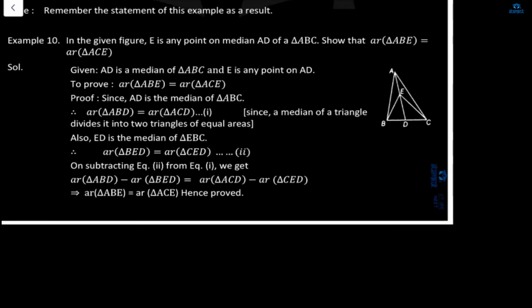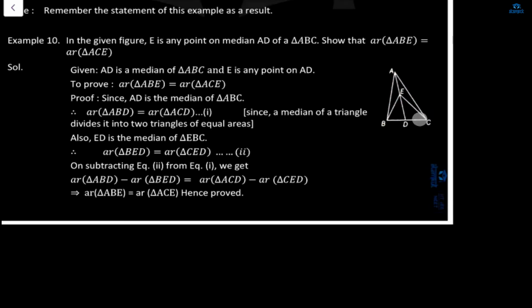Now, in the given figure, E is any point on median AD of a triangle ABC. Show that area of triangle ABE is equal to area of triangle ACE. We have to show that this triangle's area is equal to this triangle's area. Now how are we going to show it?